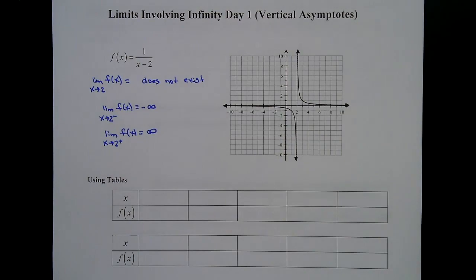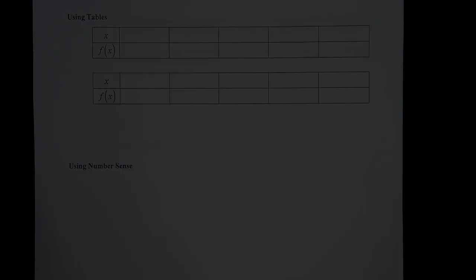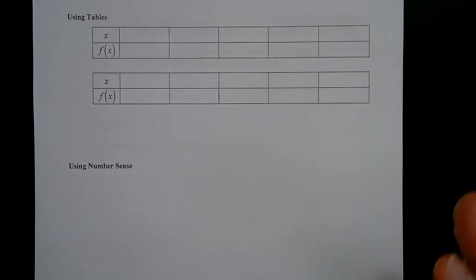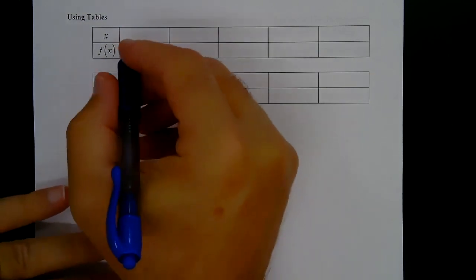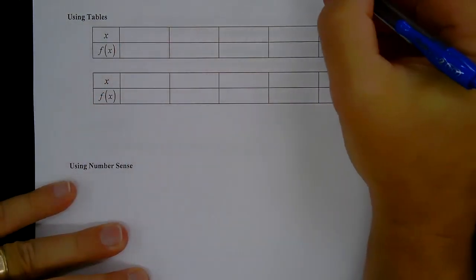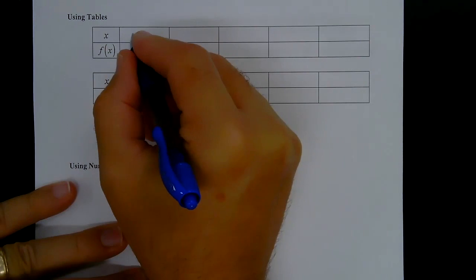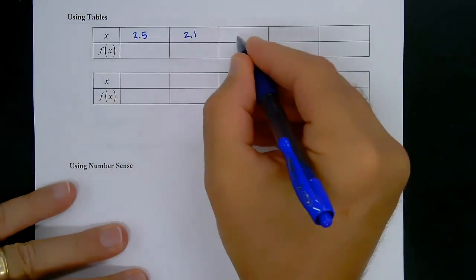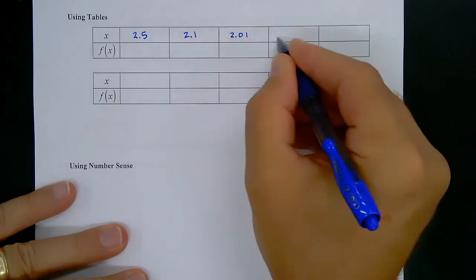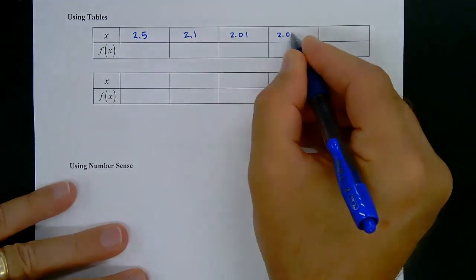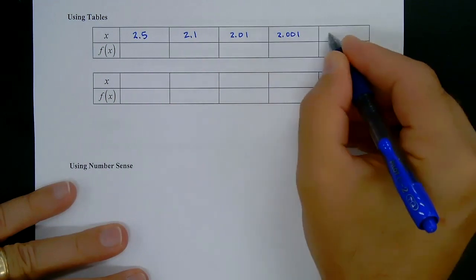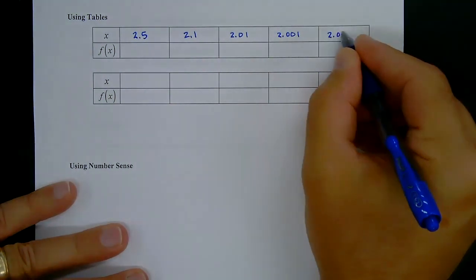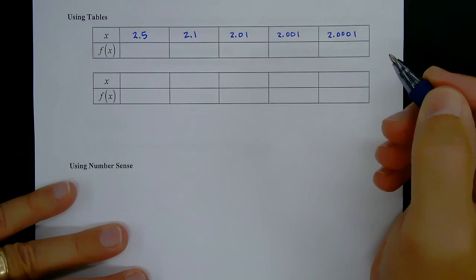So let's look at the table next. All right, so using a table, looking at the same function, we want to approach 2 from, let's do 2 from the right, okay? So if we approach 2 from the right, that would be something like 2.5, and then 2.1, 2.01, 2.001, and even closer would be 2.0001, okay?